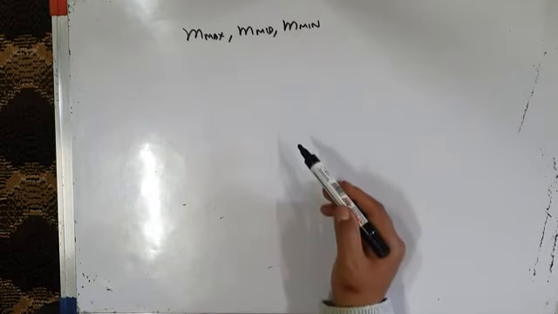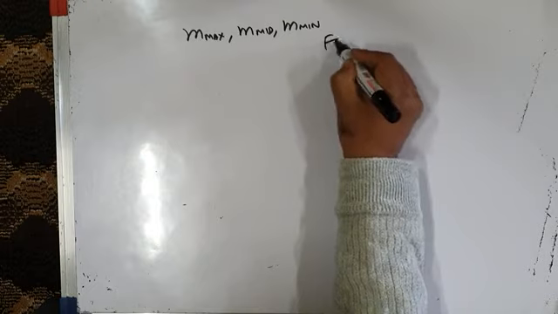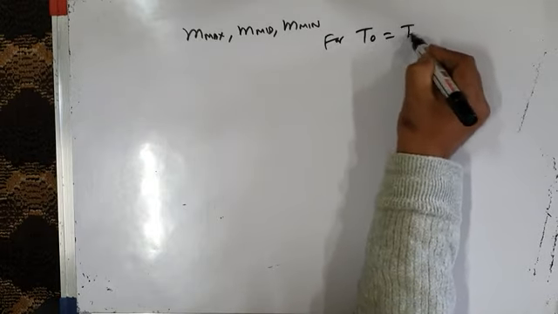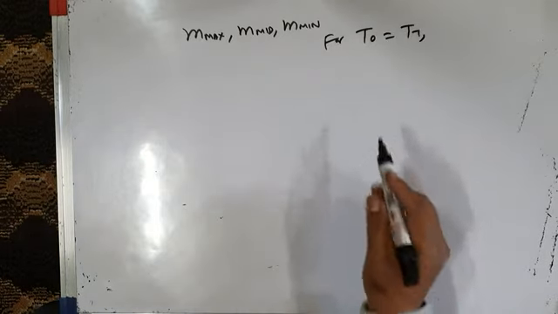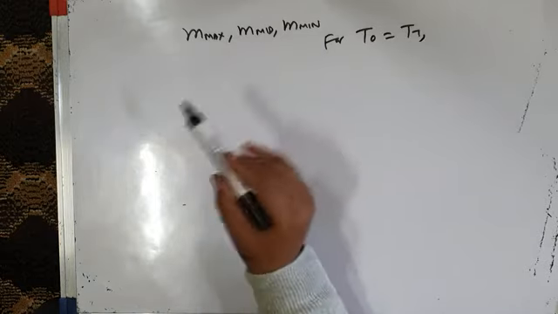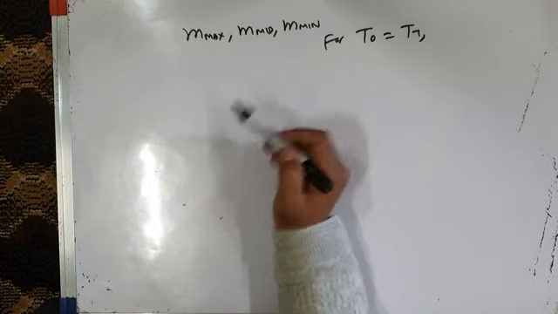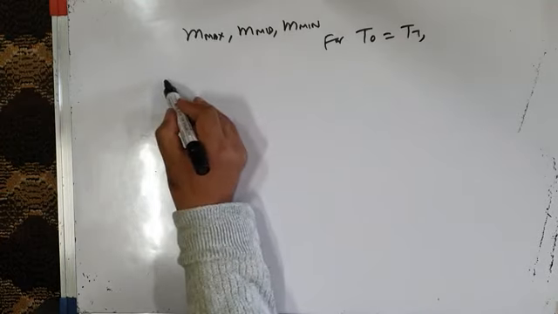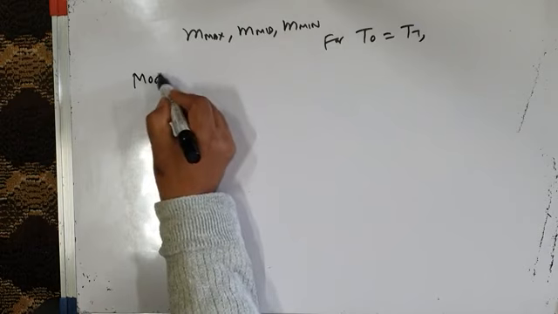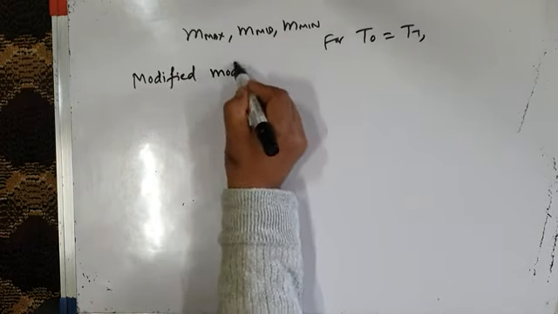Now, if we want equal division of null vector times, we want T0 exactly equal to T7. Division of null vector times equally, T0 equal to T7. I have to modify these original sinusoidal modulating waves. I have to add a common mode signal in all of them, and they will get modified like this. So I will write here modified modulating waves.